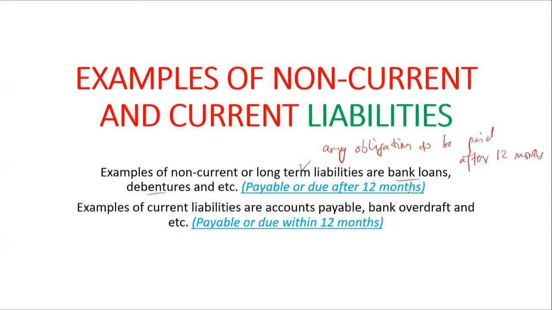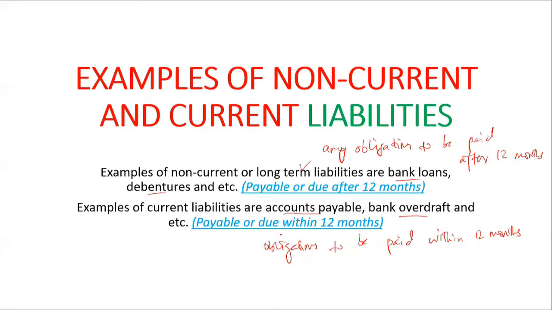That's the classification rule between current and non-current, whether it is an asset or a liability. Examples of current liabilities will include accounts payable, bank overdraft, or any obligations to be paid within 12 months. These are some simple examples of non-current and current liabilities.